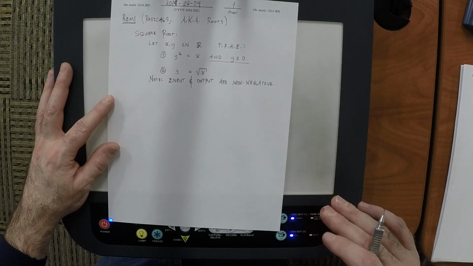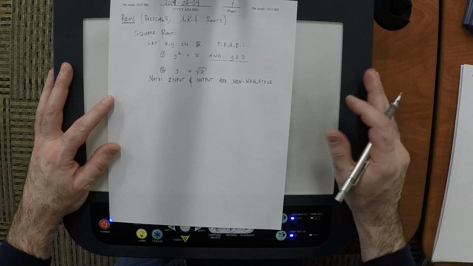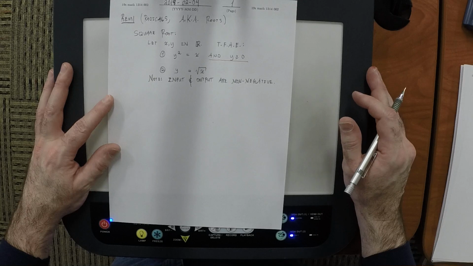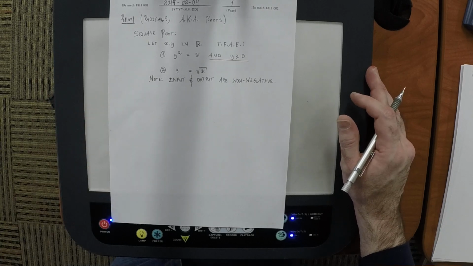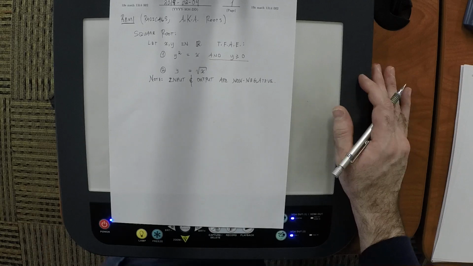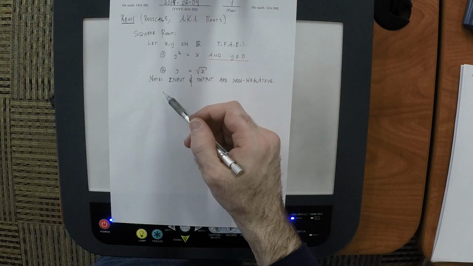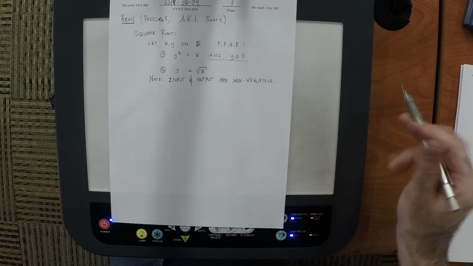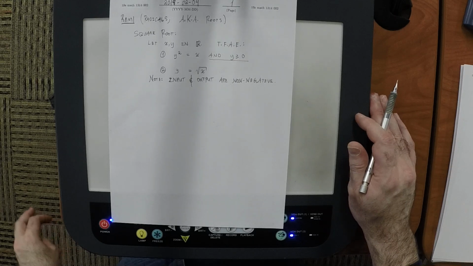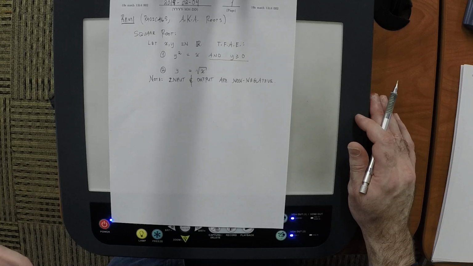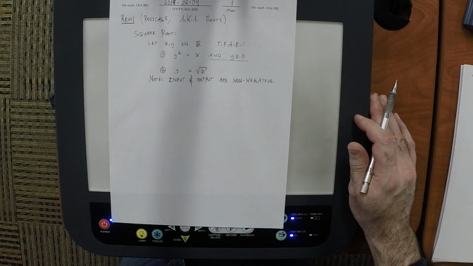Okay, so 0 is non-negative, but it's not positive. So non-negative means 0 or positive. And the input and the output to square root have to be non-negative. That means that it's not okay to put negatives inside the square root. That's not allowed. And it will never be the case that you evaluate a square root and the result is negative. There'll never be a negative output.